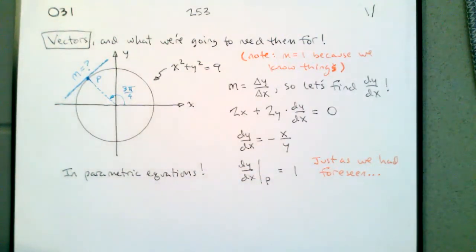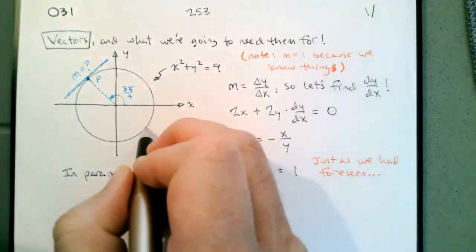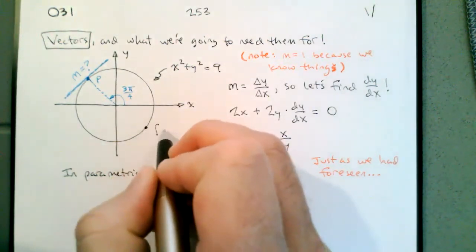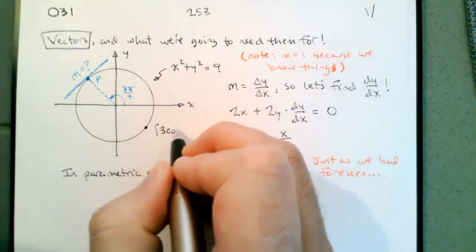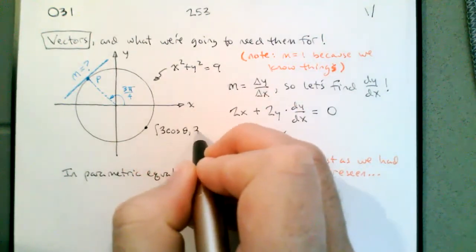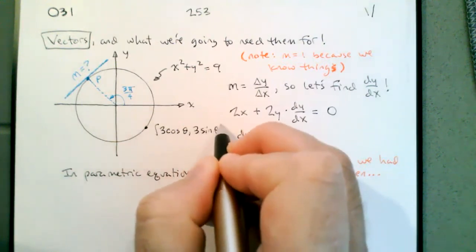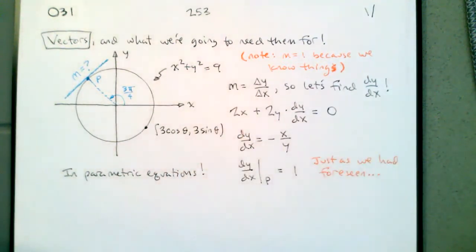So we can look at any point on this circle and say that the x coordinate is going to be, I made a radius of 3, so 3 cosine theta and 3 sine theta. So I can describe the circle in parametric equations. That is, I can describe x and y.